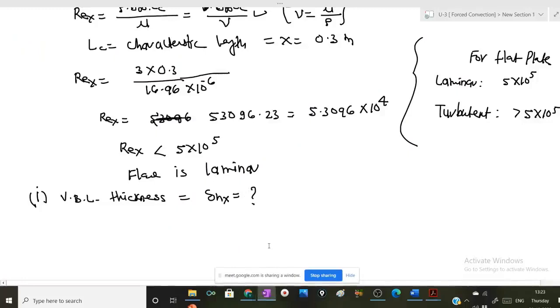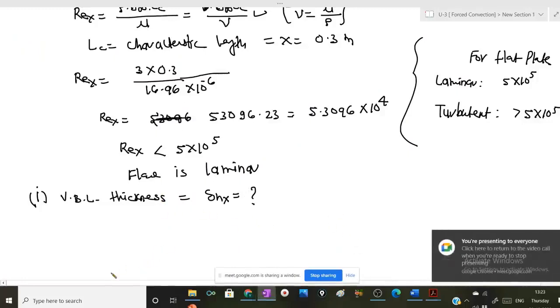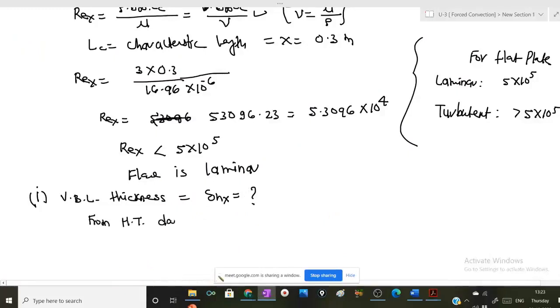So I have this formula. Please write down clearly the page number from the HT data book for laminar flow.